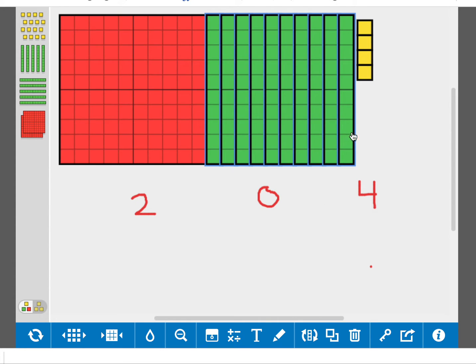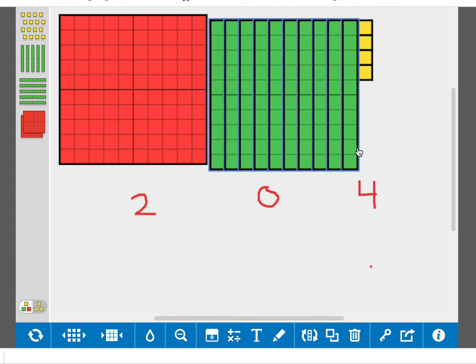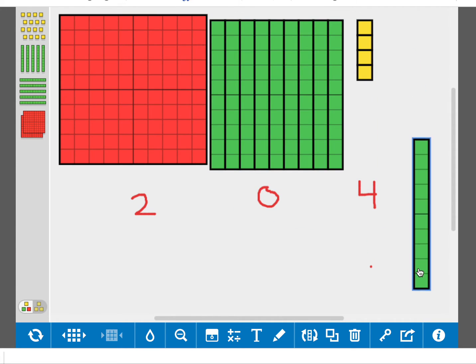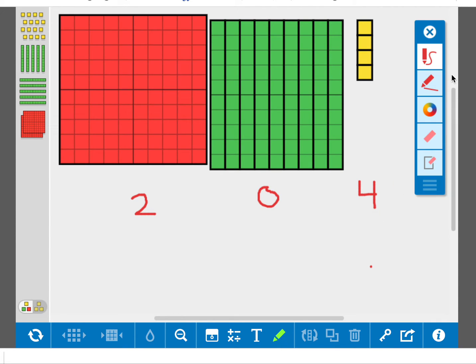So now that we have enough tens, we can take 10 away because it's 10 less than 204. So I'm going to take a 10 and get rid of that. Now we can go back to our number and see instead of our 200s, we have 100.